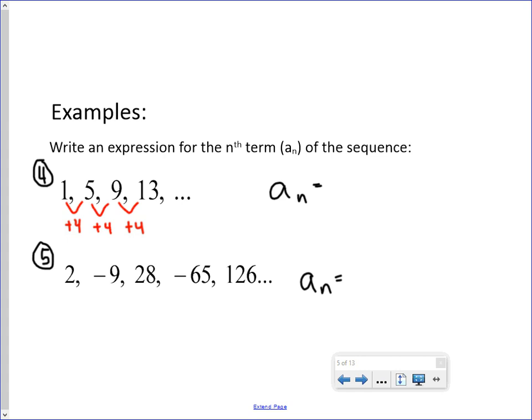Oh, I see. Negative 1 to the negative 1 times n plus 1 to the n plus 1.